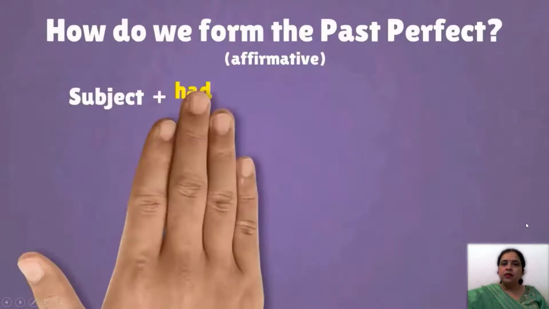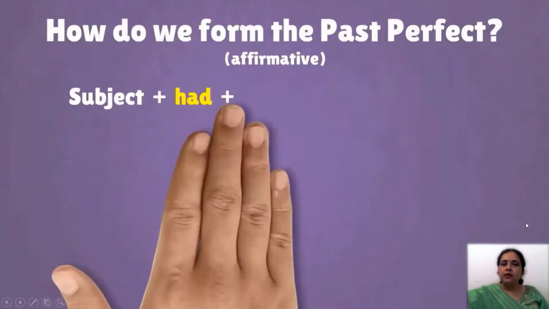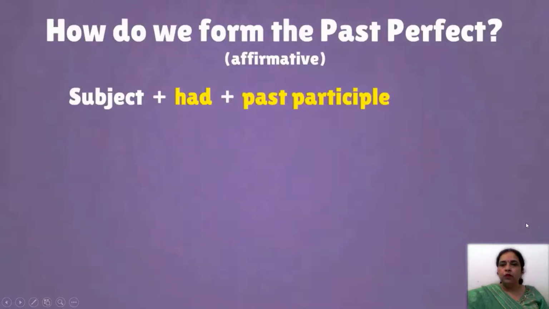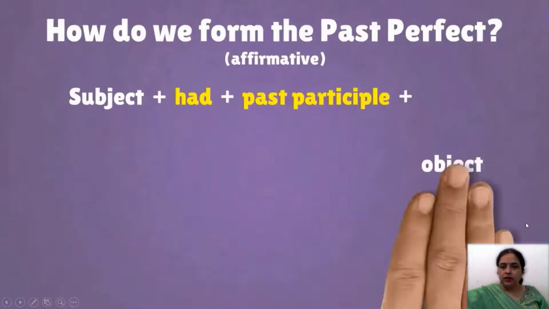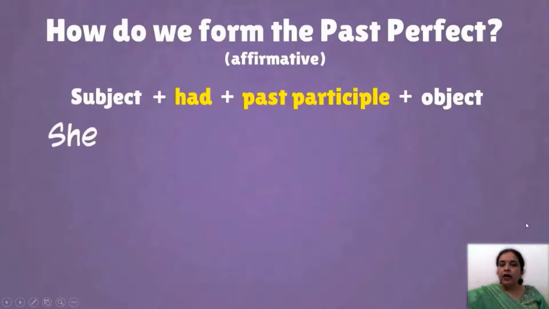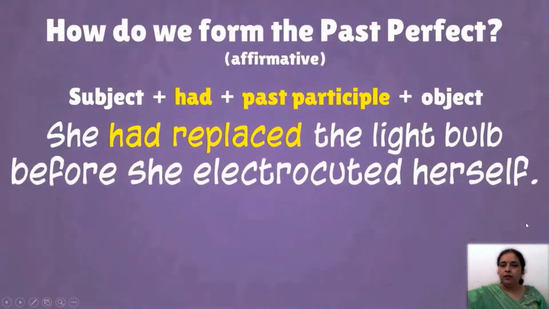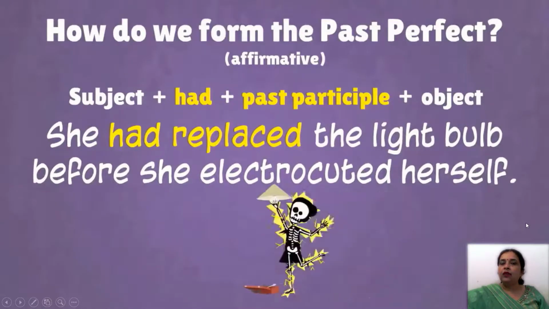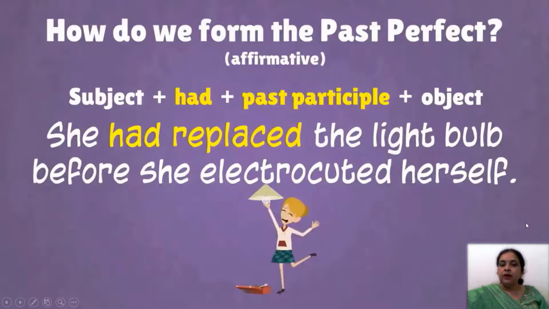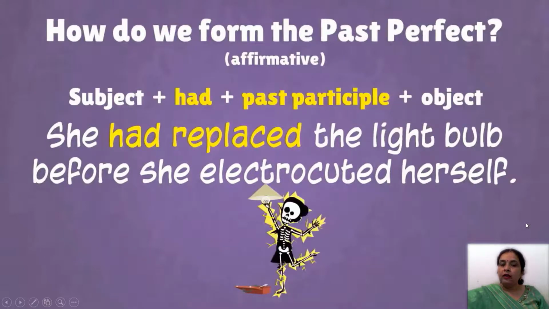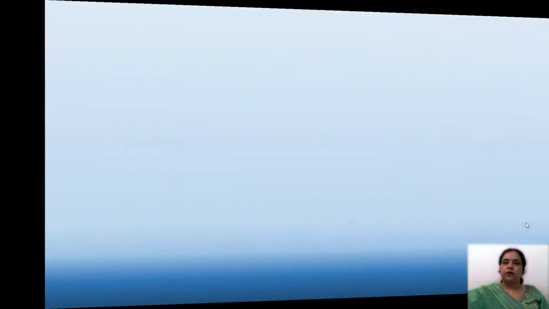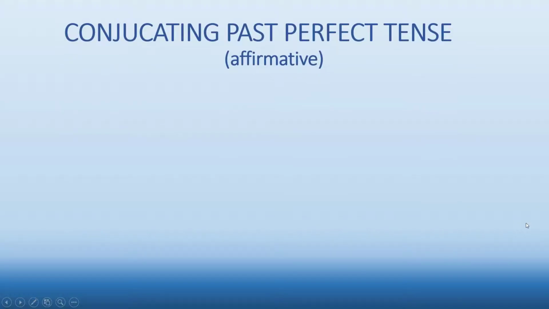Subject plus had plus past participle form of verb plus object. Past participle form, that means third form of verb. She had replaced the light bulb before she electrocuted herself. That means the action had already been done before the other action took place. Let's see the formation of sentences in affirmative sentences through this table.